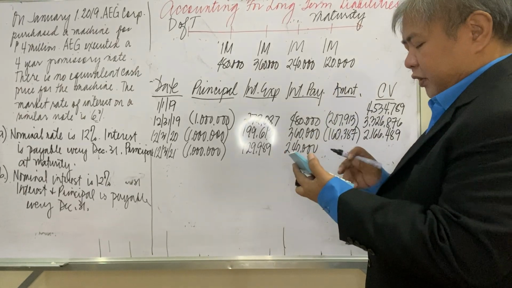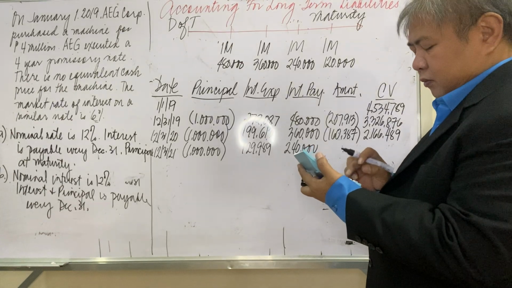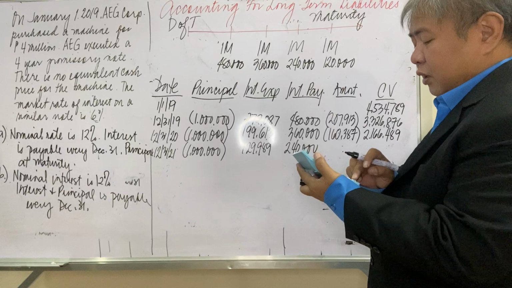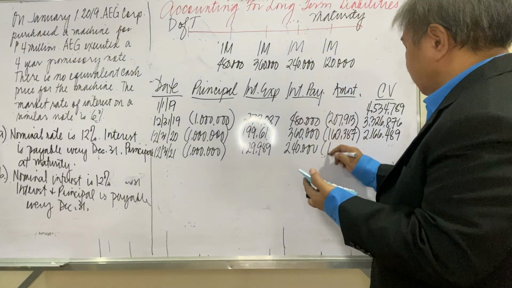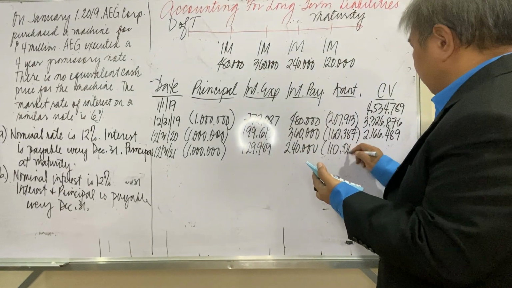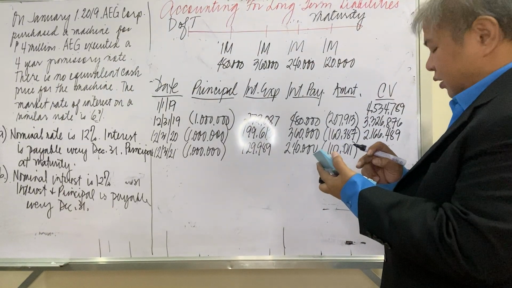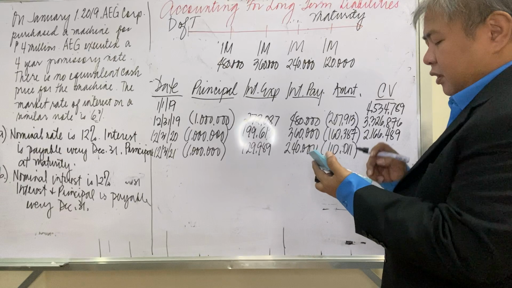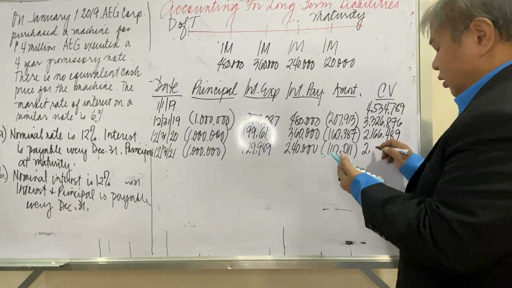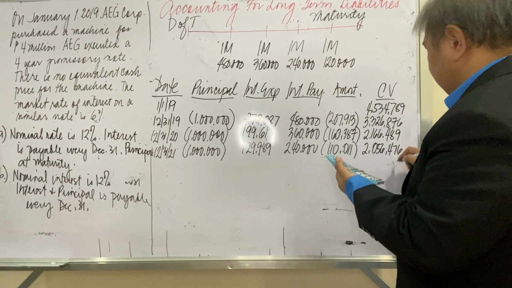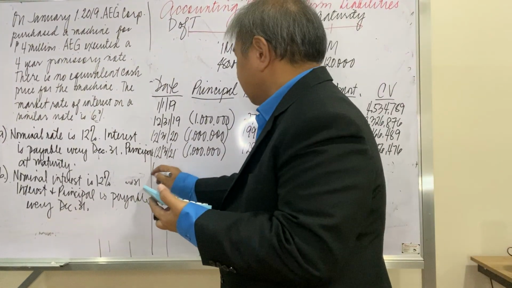So therefore the difference is minus 240,000, so this is 110,011. Plus 2,166,489 minus 1 million, so this is 1,056,478.